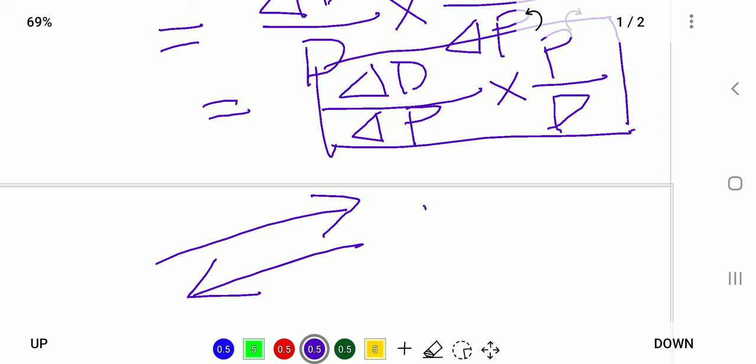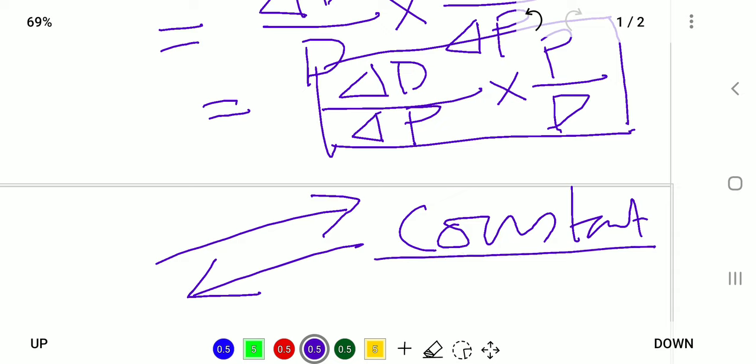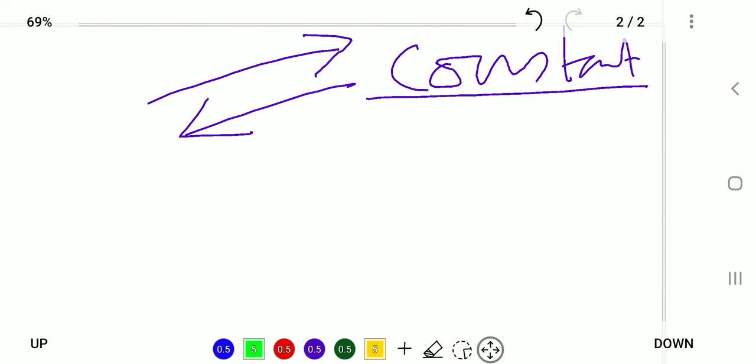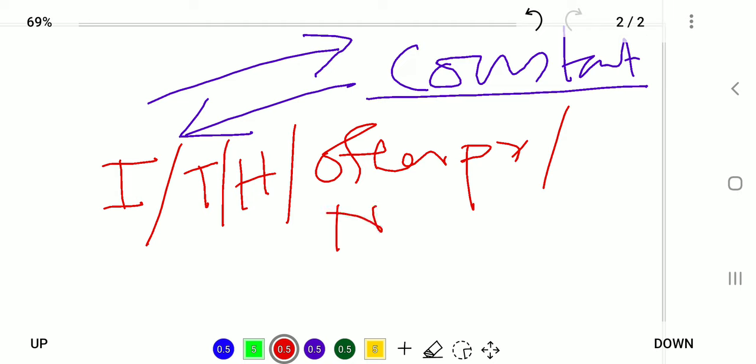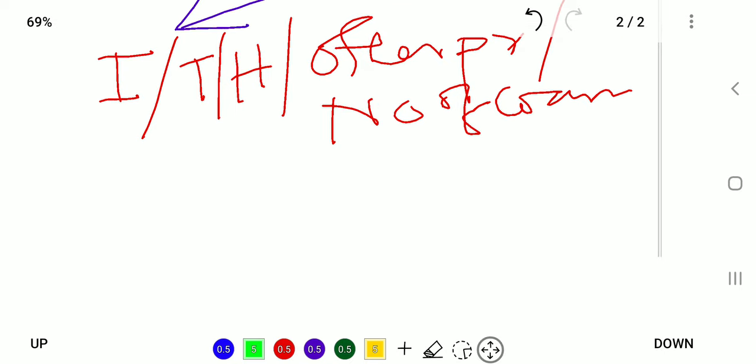When other factors remain constant, that is, other factors such as income, taste and habits, other product price, number of consumers, etc., then only change in price affects the quantity demanded.